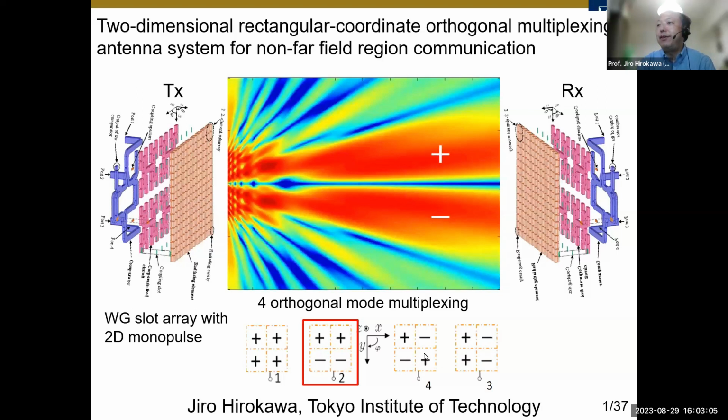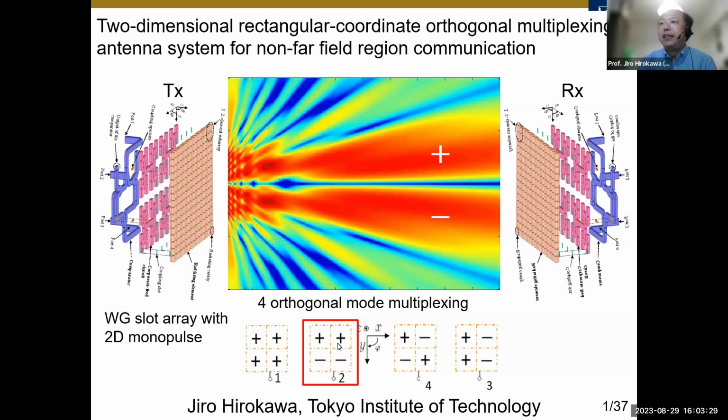And mode 4, where the left bottom subarray, left top subarray and bottom right subarray are fed in positive phase, while the right top subarray and left bottom subarray are fed in negative phase.